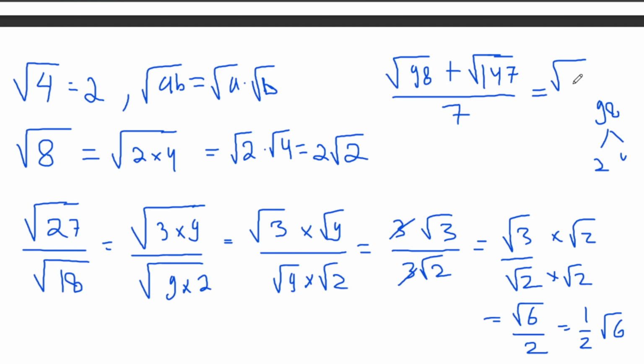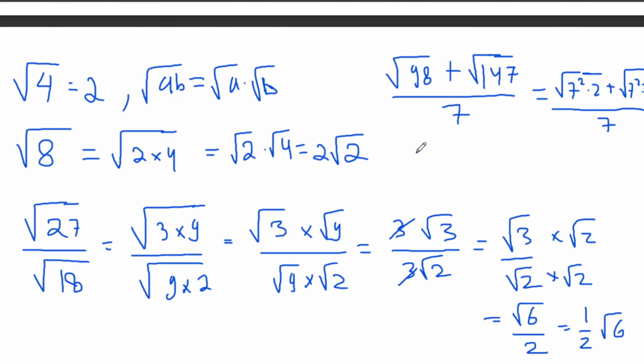Then the result would be the square root of 7 squared times 2, and then add the square root of 147, which is 7 squared times 3, okay, and divide by 7.